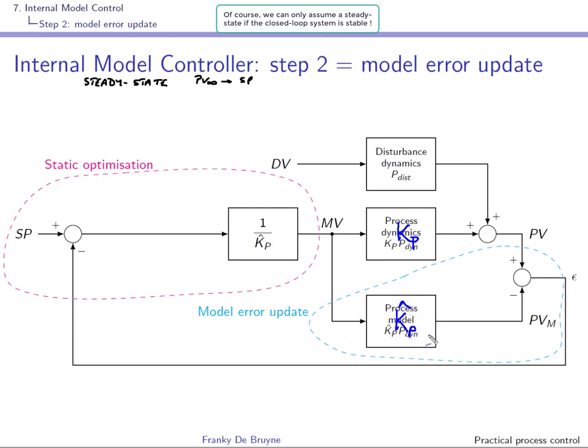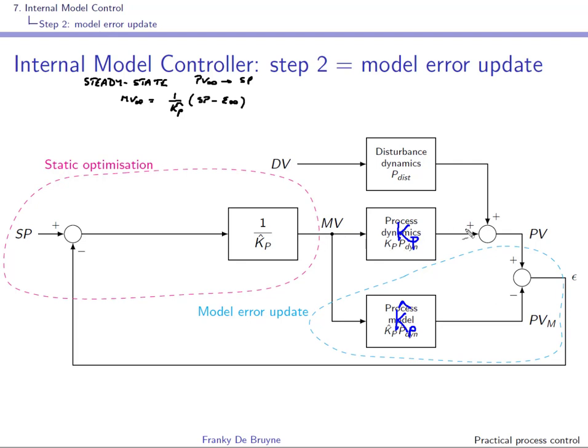And we have seen that in steady state the MV steady state is 1 over Kp hat times set point minus the error that you have in steady state, right?